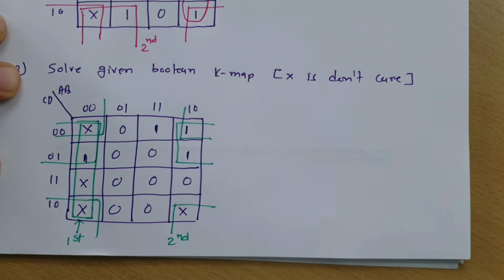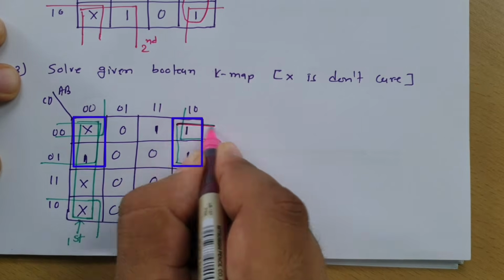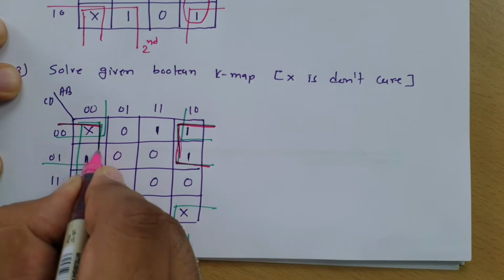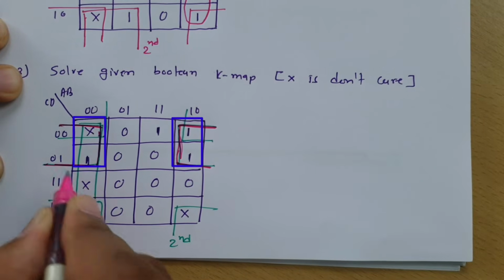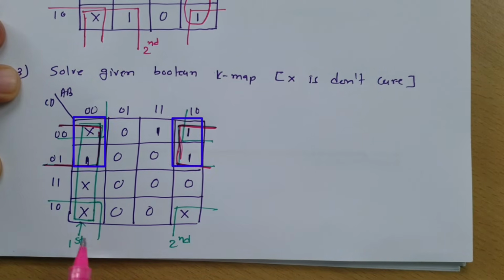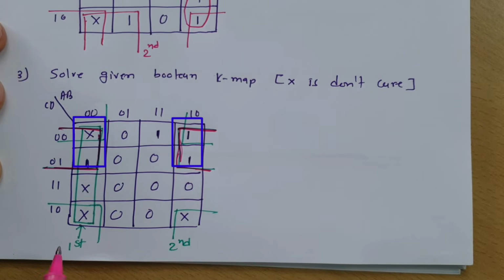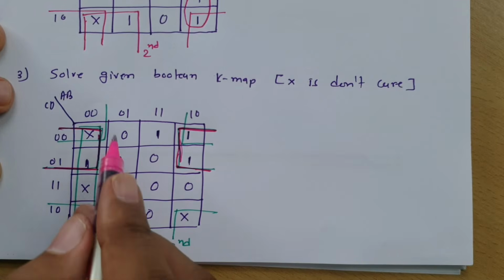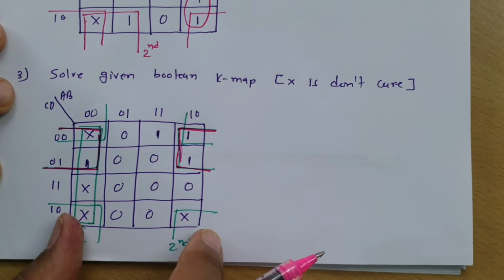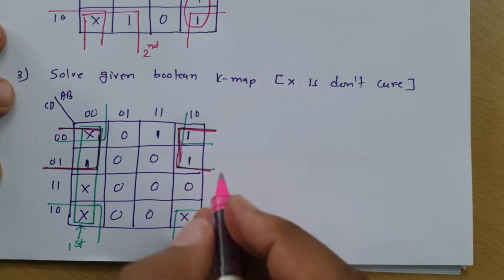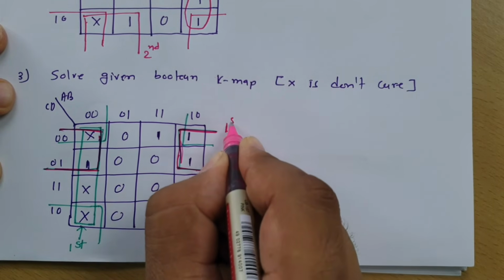So now see, by other color I am showing it. If I consider this group, then I don't need to consider first and second group. So initial assumption was wrong with first and second group, right? So I am considering this group which covers second and first group, right, as well as this one. So this is the correct group which I have.